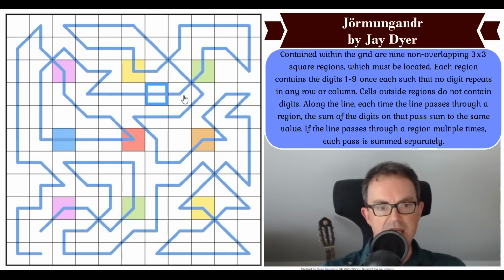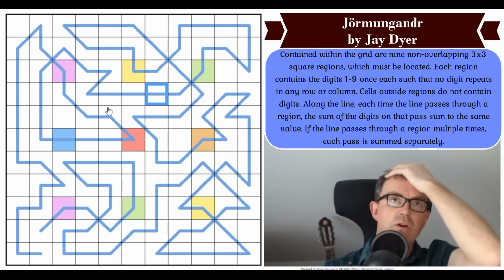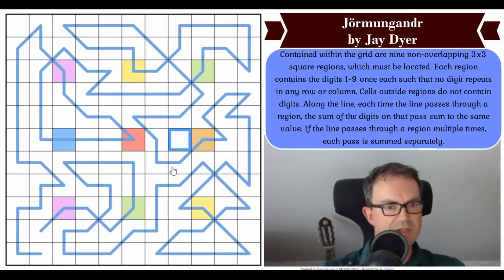Because if that was the case, that would be interesting in terms of working out the value that the line must take. I'm not being very articulate here, but imagine there was a 3x3 region in this puzzle. The problem is I keep seeing cells that are not on the line. In fact, maybe that's what I've got to do.